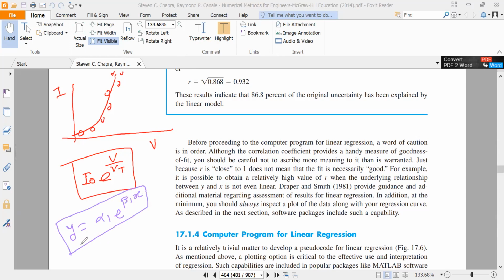In this case, your y equals I, your x equals V, alpha can be I0 and beta equals 1 by VT. Then, can we apply the previously known technique here to find the values of alpha 1 and beta 1? Yes, sir, we can.